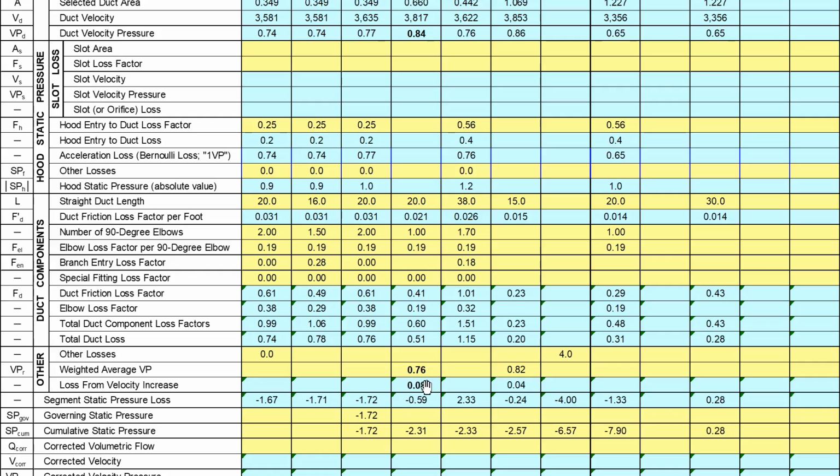And therefore, again, using Bernoulli's, it's converted to 0.84 inches of velocity pressure. And now we have the velocity pressure sufficient to move the air through our system. So that's another example of how the balance by design and the velocity pressure calculation method is very easily used to balance and maintain flow rate in a system.